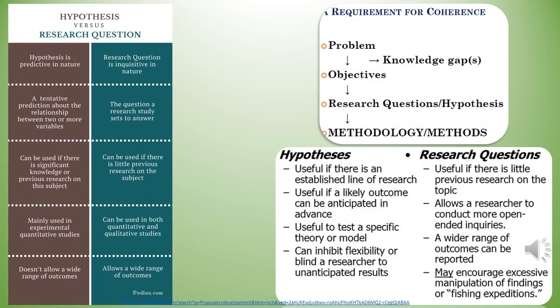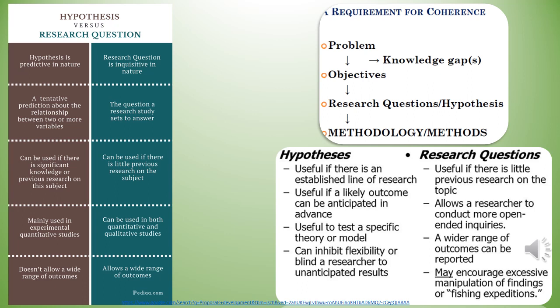This slide contains the difference between hypothesis and research question. Hypothesis is predictive in nature. Conjectural statement, very intelligent guess. But when you look at research question, they are more inquisitive in nature. A hypothesis can be a tentative prediction about the relationship between two or more variables, but the question in a research study, as a matter of fact, sets towards an answer.